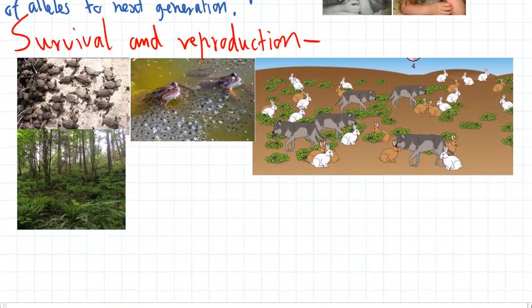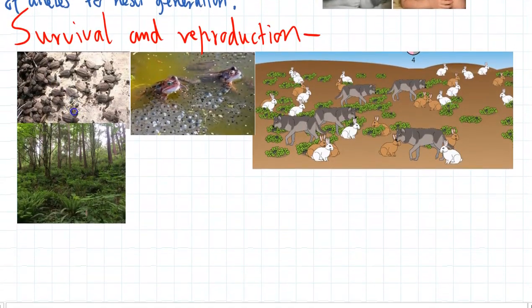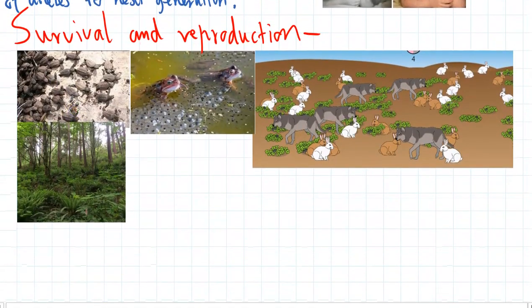Then remember, there's survival and reproduction. So every species has different traits. There's variation, and that means some individuals are going to be much more likely to survive. And we talked about our brown rabbit fur example, where the brown rabbits have a much higher chance of survival.